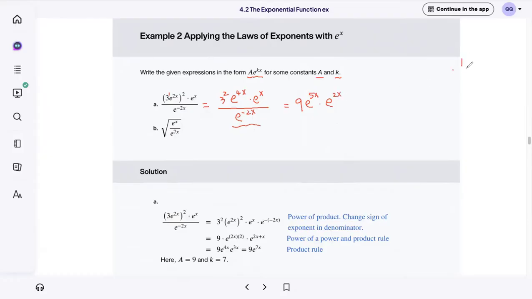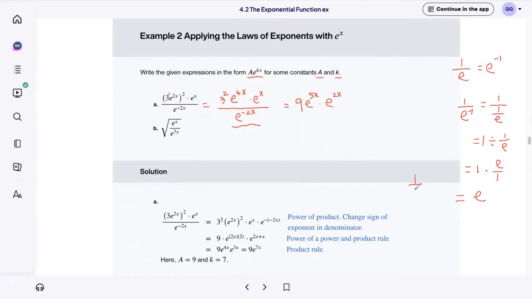But remember, if we have 1 over e raised to negative 1, that's e. 1 over e raised to negative 1 is 1 divided by 1 over e, that's 1 times e divided by 1, that's just e.